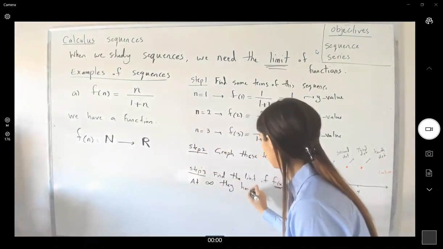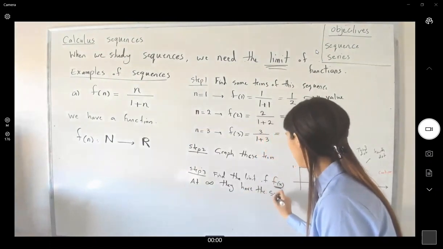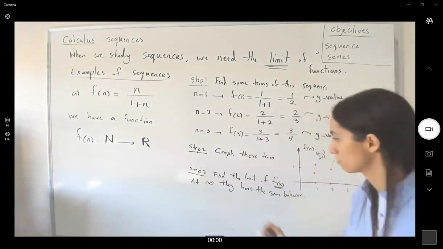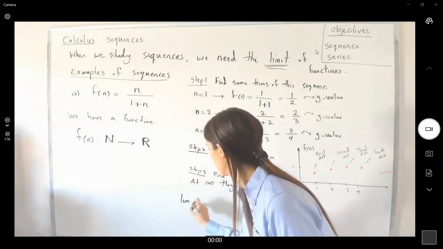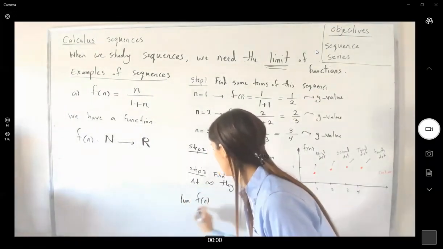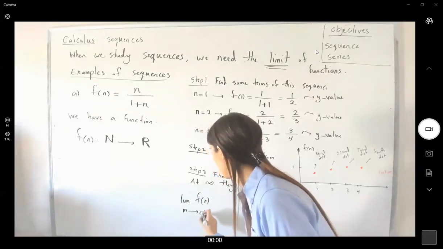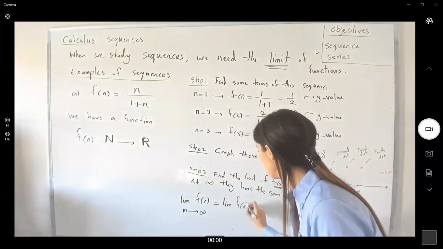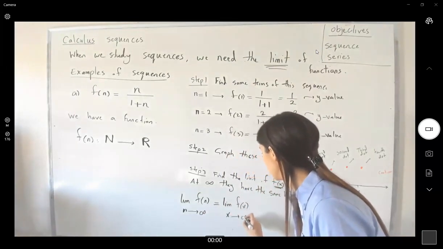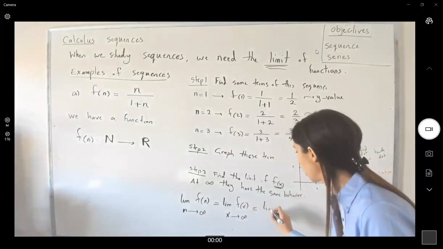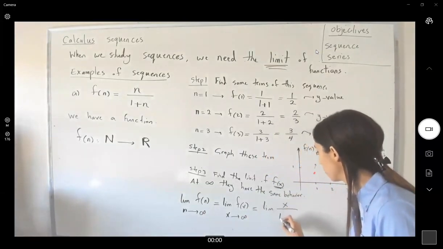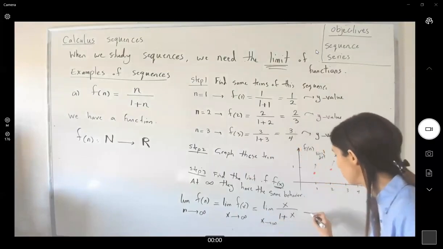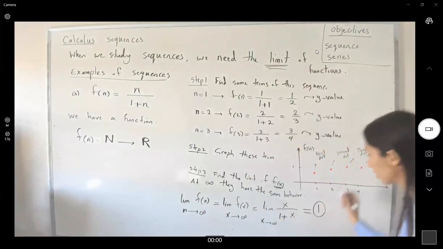So the limit of f of n while n goes to infinity is the same as the limit of f of x while x goes to infinity, which is the limit of x divided by 1 plus x, while x goes to infinity, which is equal to 1.